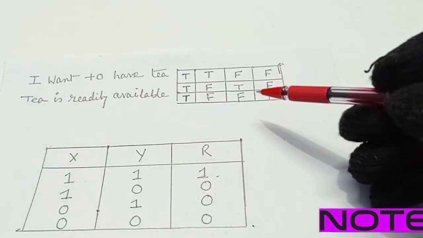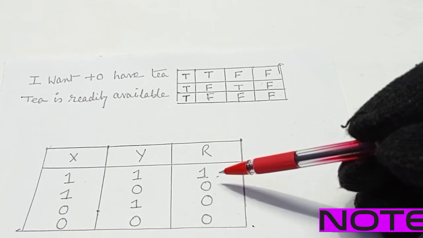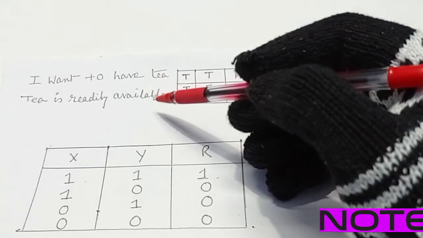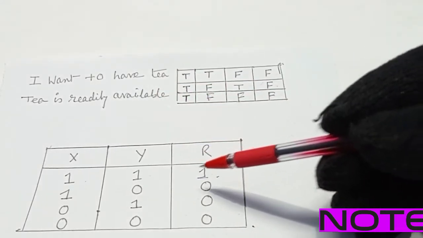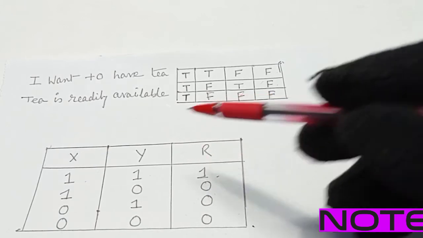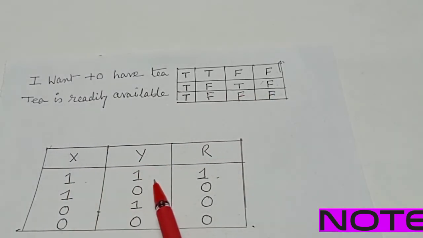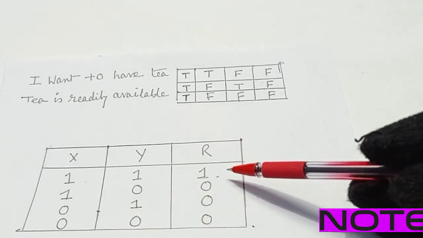Now let's take an example to represent this table in Boolean algebra. Both inputs are x and y, where 1 is a true input and 0 is a false input. If x is true and y is true, the output result will be true, as 1.